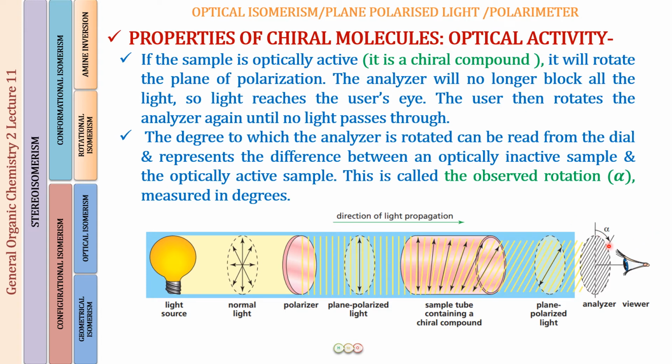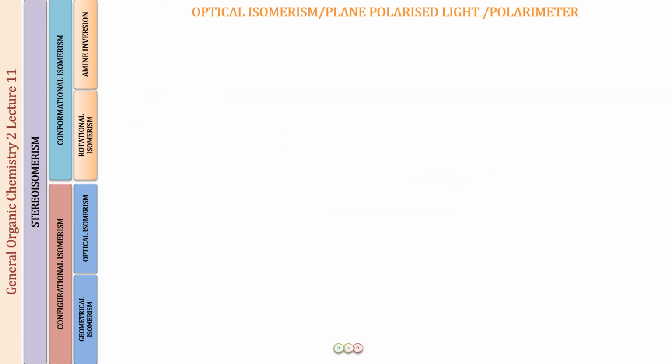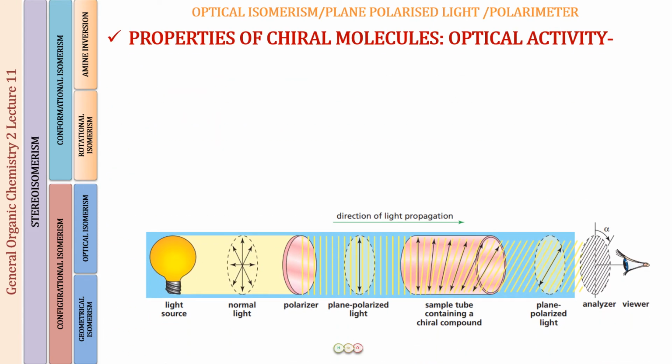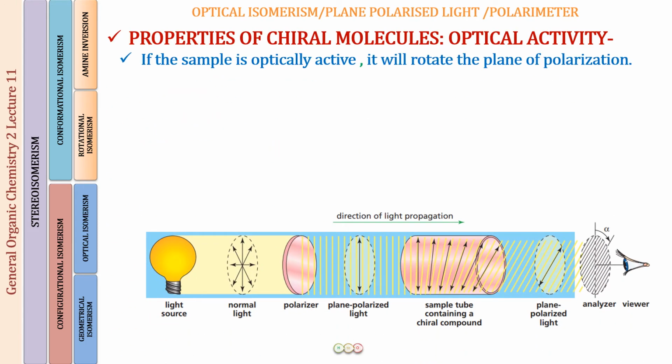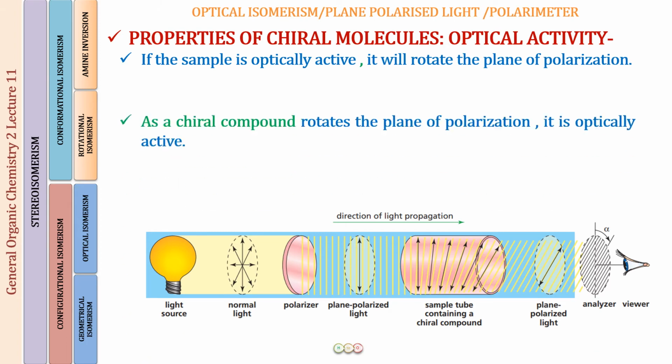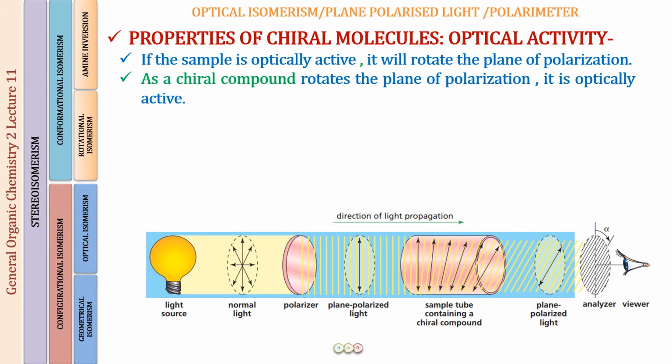This angle through which we rotate it back to get complete darkness is called the observed rotation, or alpha, which we measure in degrees. So from this discussion, we can conclude that if the compound is optically active, it will rotate the plane of polarization. And as a chiral compound rotates the plane of polarization, it is optically active.